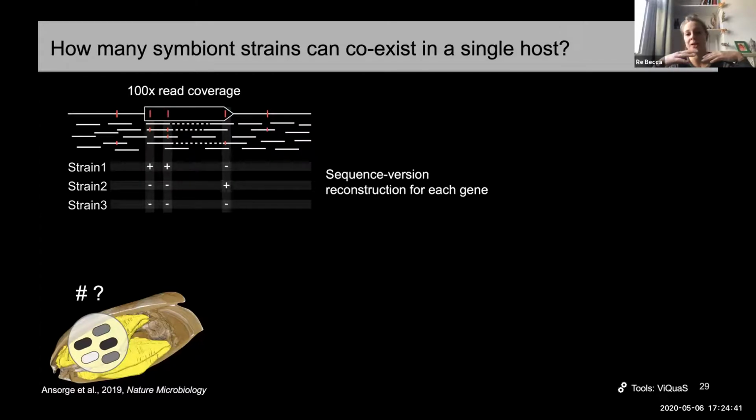We reconstructed and counted the number of different sequence versions for each of those genes. And then we took the genes that had the highest counts of sequence versions as a proxy for how many strains we have in a single host.